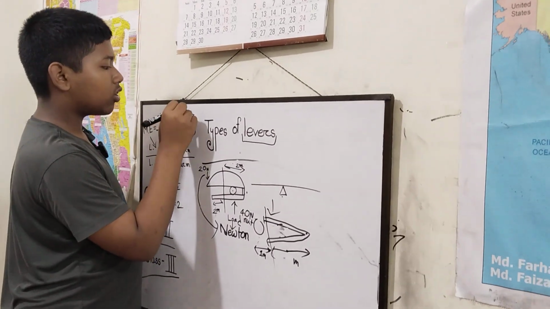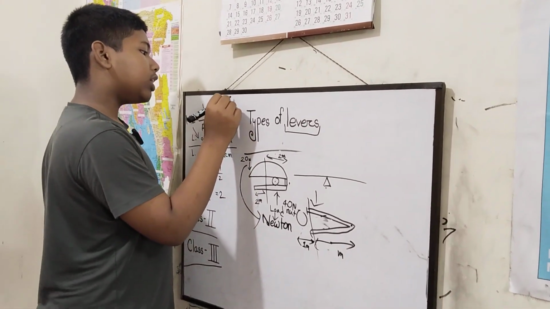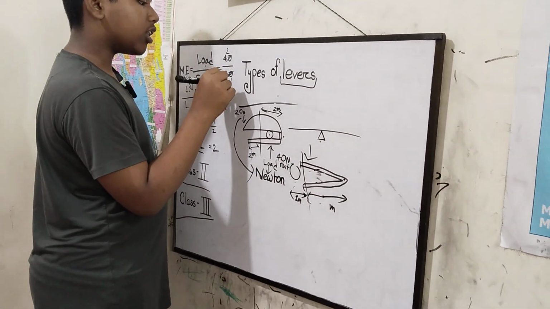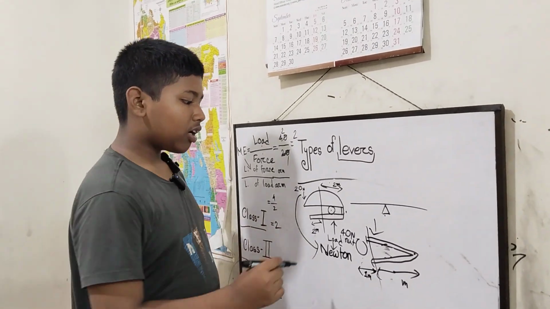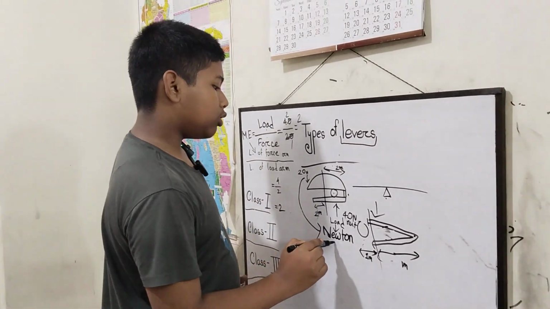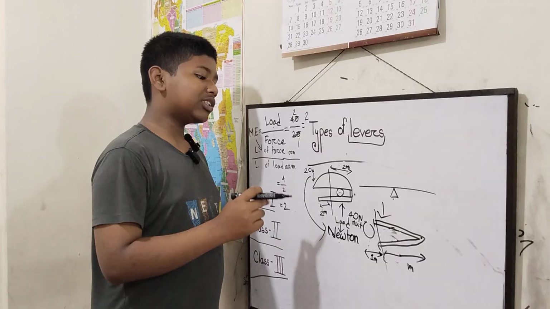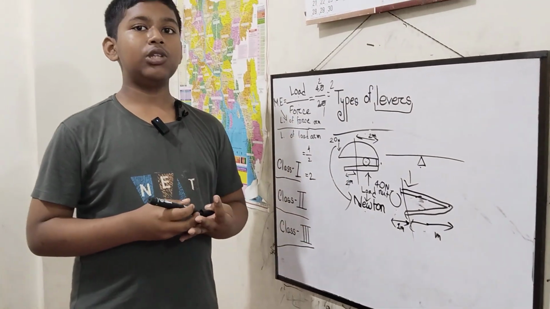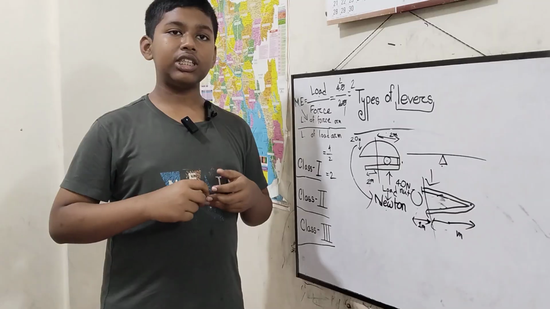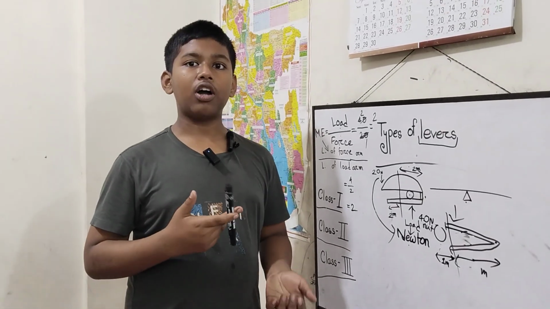So whenever we cross it, make it equivalent, we get 2 by 1. So 2 is the answer. It has no unit because we have both force and load as Newtons. And whenever we get a ratio, there will be no kinds of units if both the components are same.